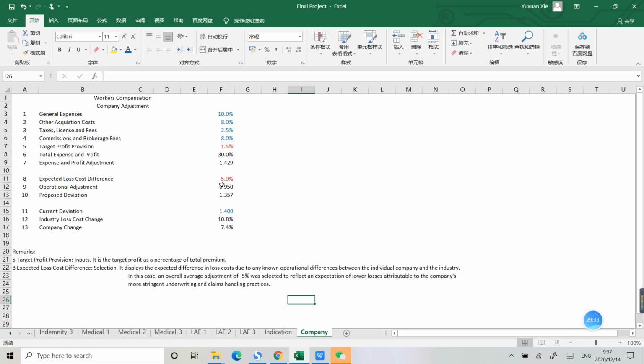And the last part is companion. This sheet is companion adjustment. Rows 1 through 4 show the expected underwriting expense as a percentage of total premium for each major expense category.